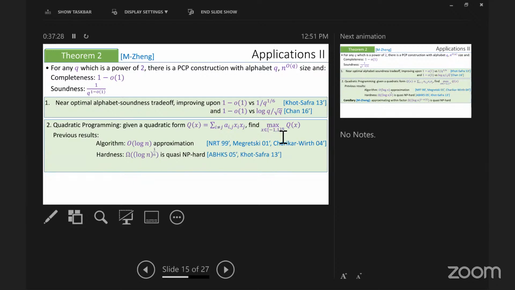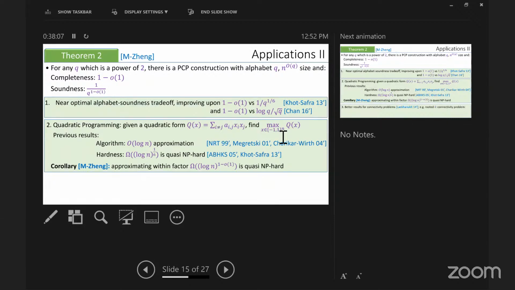Using this reduction of Arora et al. and this result of Khot and Safra, they show that it's quasi-NP-hard to get a (log n) to the 1/6 approximation. When I say quasi-NP-hard, I mean under quasi-polynomial time reductions. Using this new theorem, we can get almost log n hardness against quasi-NP. So this is almost tight.